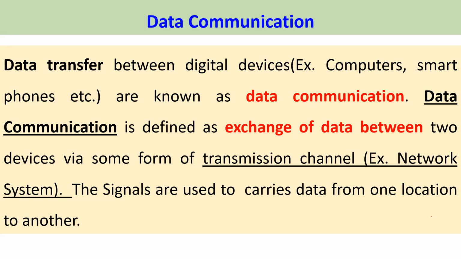Here, data communication is defined as the exchange of data between two devices via some form of transmission channel. The data should travel through a transmission channel. Earlier, when we discussed normal communication, we identified the word channel.